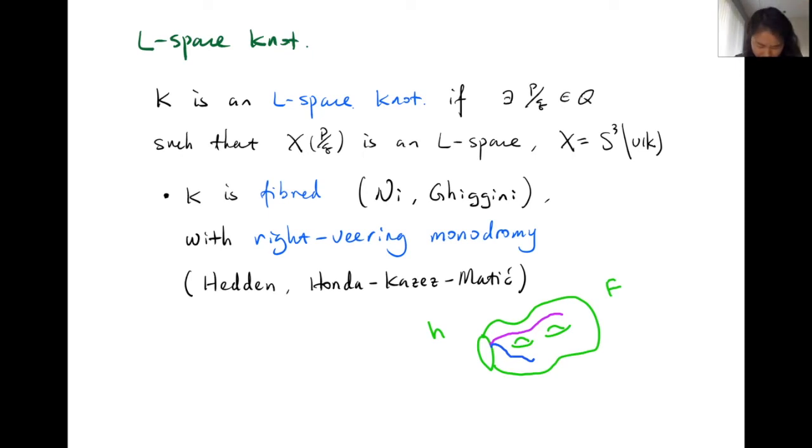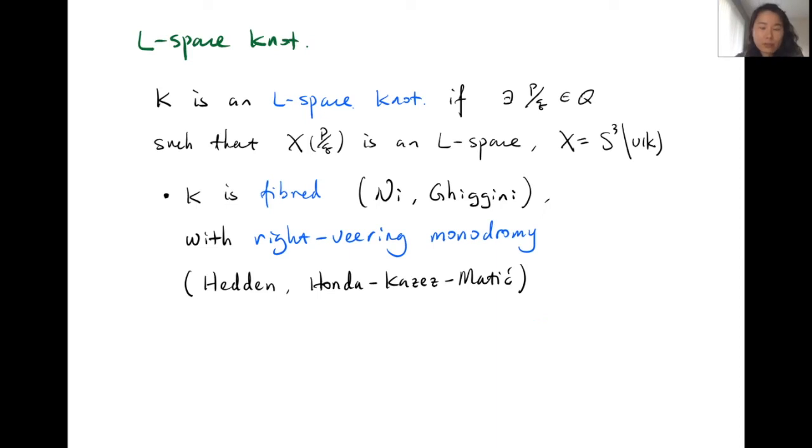This is a very important concept if you are considering the contact structure supported by the open book given by F and h. It tells you something about the tightness of the contact structure.